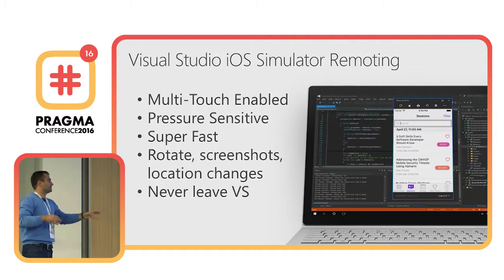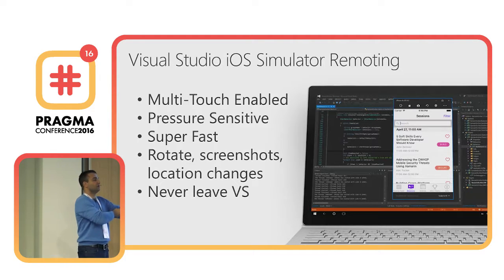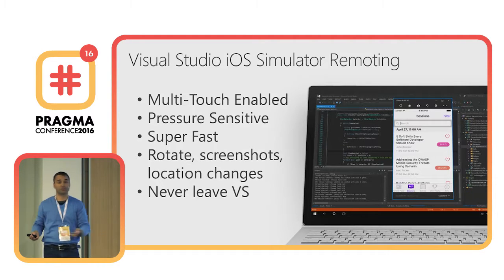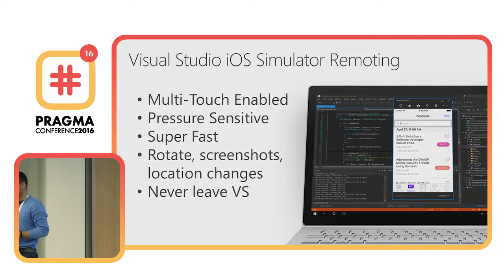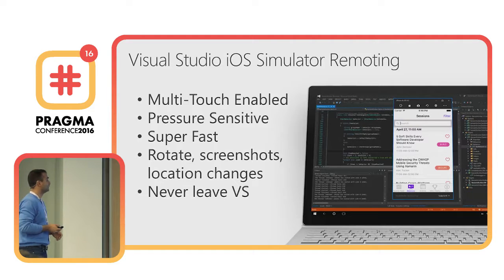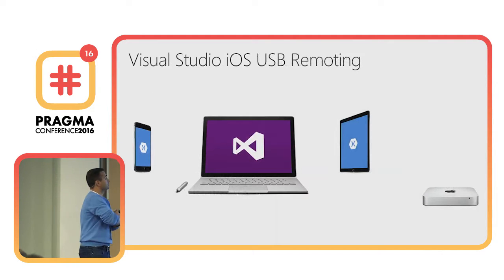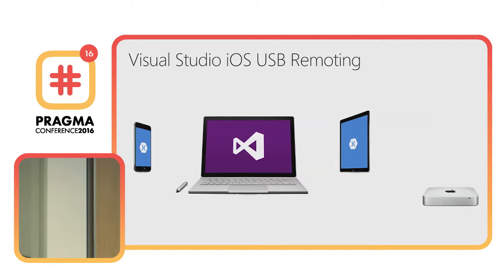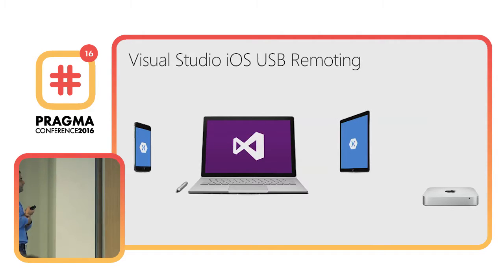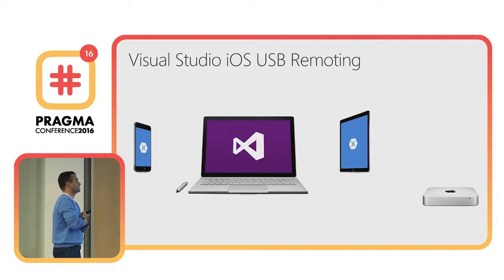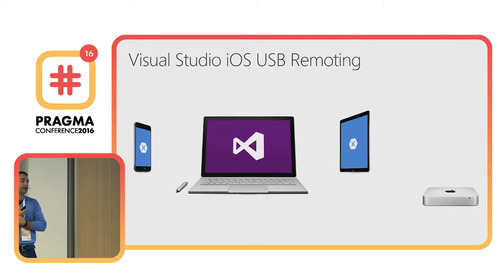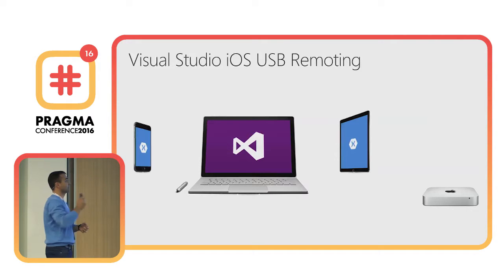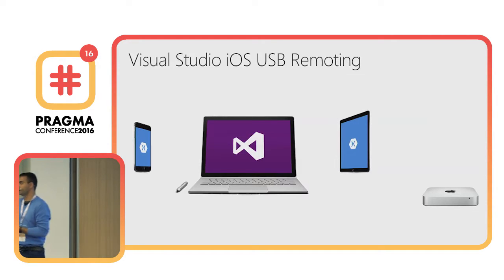And the big part is you never have to leave your Windows machine or your Visual Studio development environment to do the testing. Then there is the Visual Studio iOS USB remoting. This means that, also in preview, you can connect a USB iOS device to your Windows machine and deploy and debug on it using this remoting mechanism.